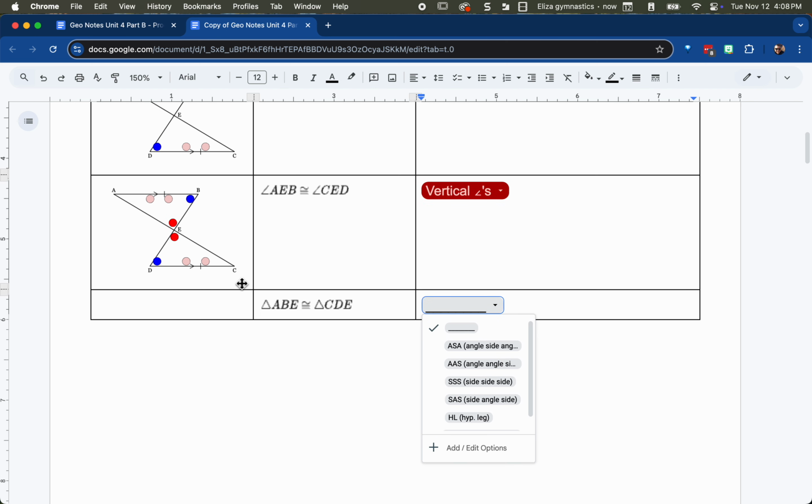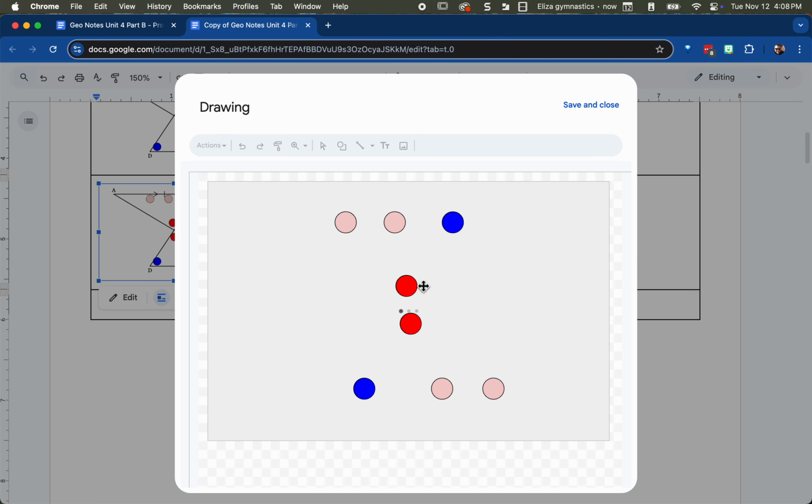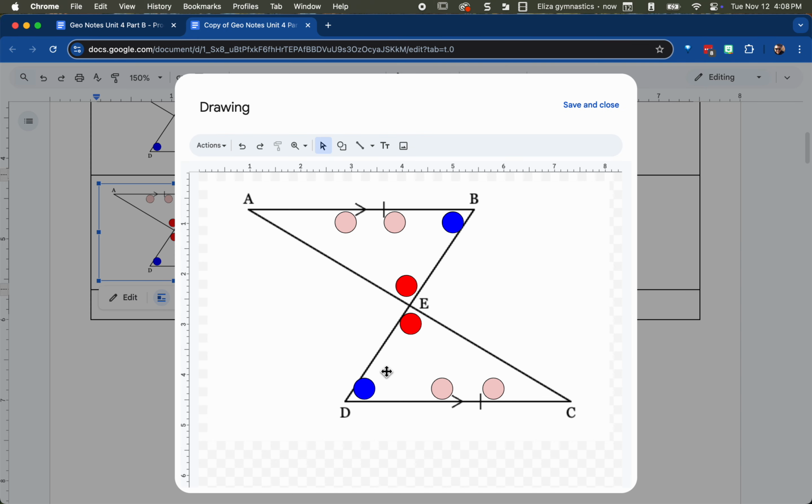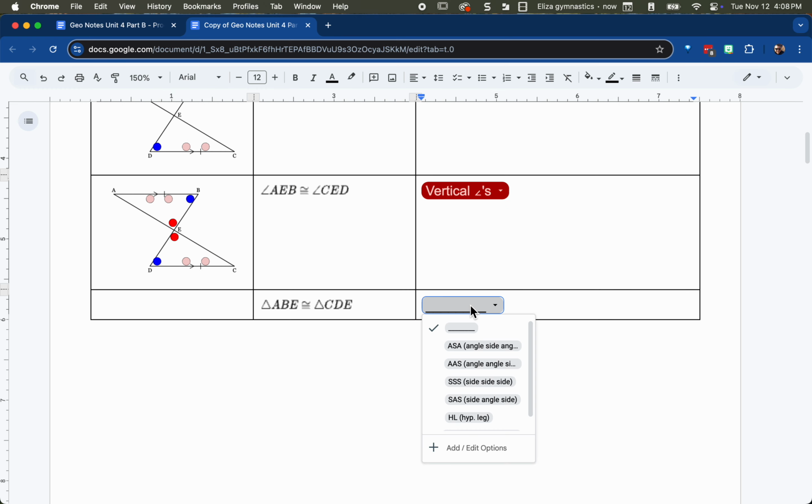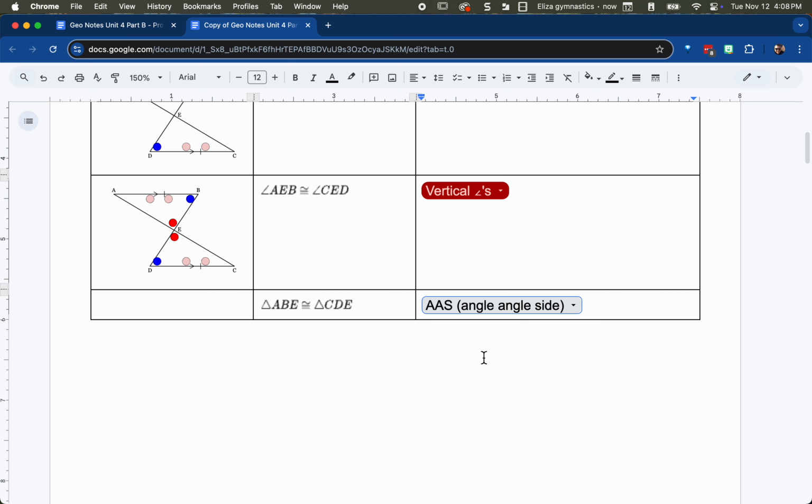And what I'm looking for is something that has two angles, but the side, let's zoom in a little bit closer here. I have two pairs of angles, but this more pink looking side that's marked is not between the two angles, but instead it's away or across or opposite one of the angles. That means it'll be the angle angle side pattern.